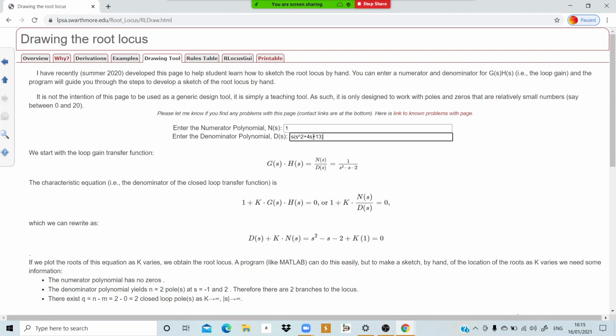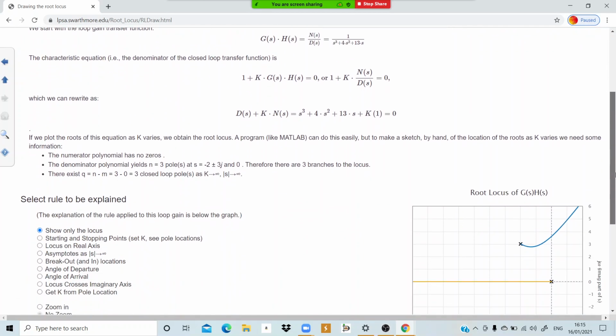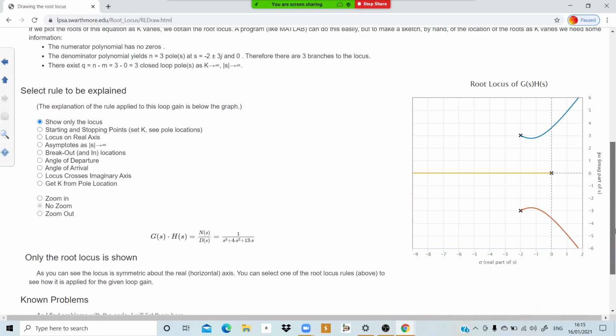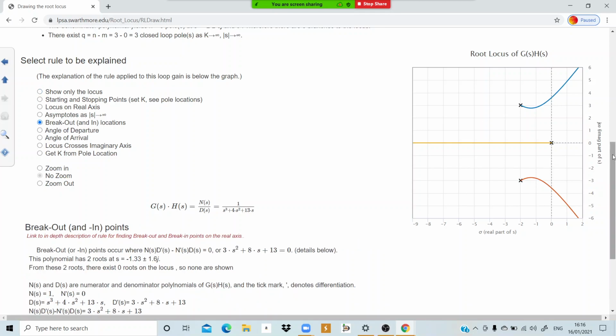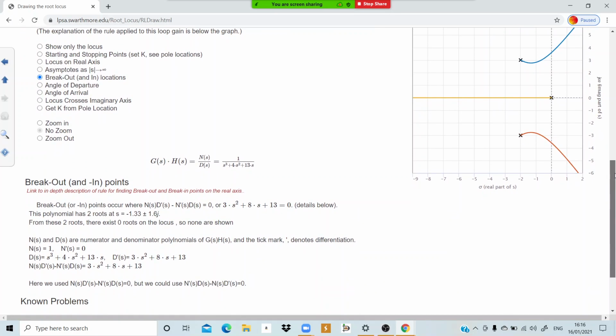Let us see what it is giving out. It gave something, and you can see, correct, whatever we had drawn, right? Three parts: blue, red and this orange one. Now we'll go for the breakaway locations and try to read what is written over there.